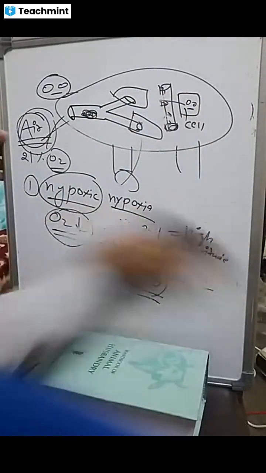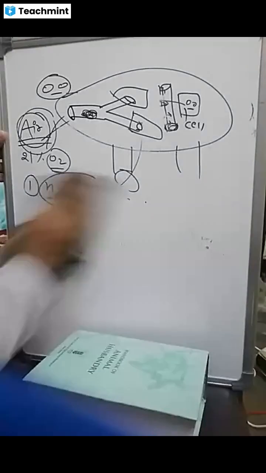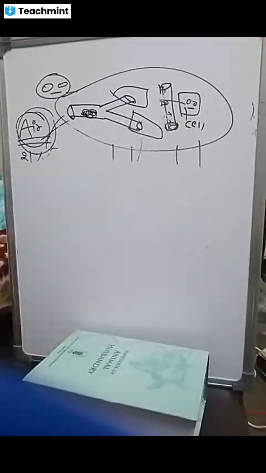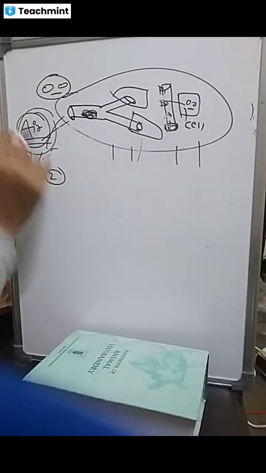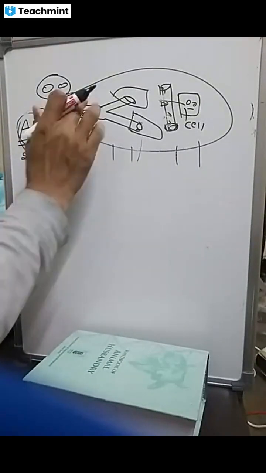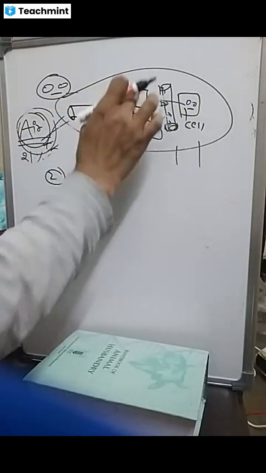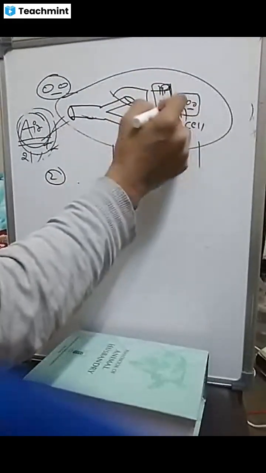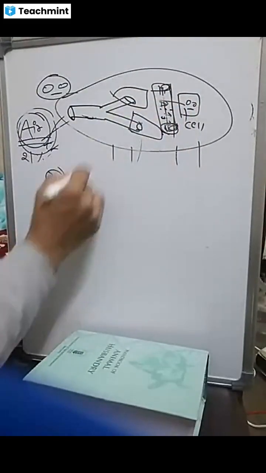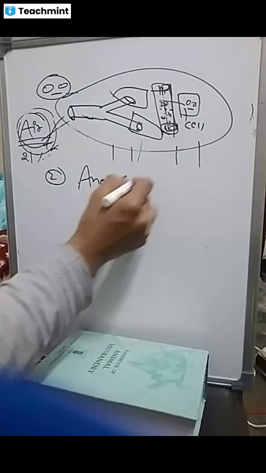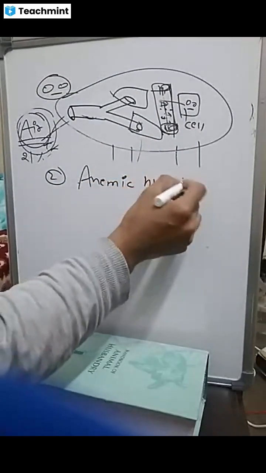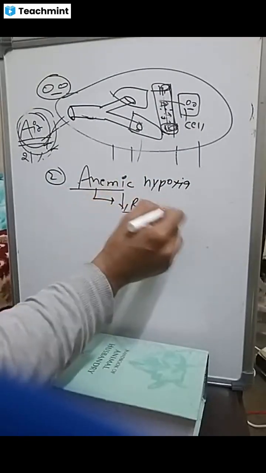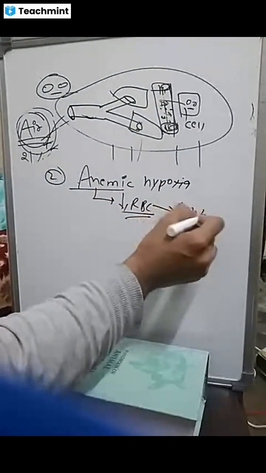The second reason of hypoxia, number two: the air contains full oxygen, there is no obstruction, lungs are okay, but the problem is in the blood. The problem is in the RBC. That is anemic hypoxia. Anemia means less RBC mass. If RBC is less, hemoglobin is less.